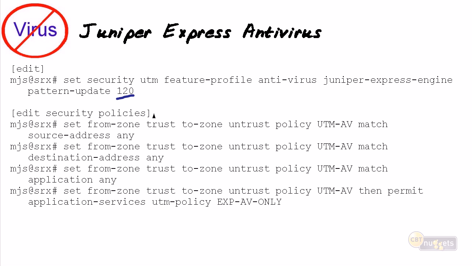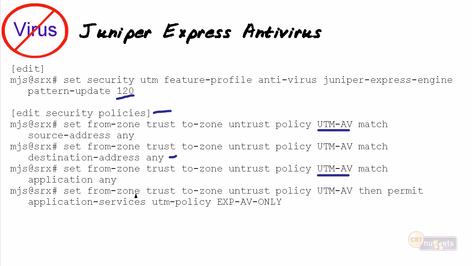Then we're going to enter the Edit Security Policies context. And you can see here we're basically dealing with our policy, okay? The from zone trust, the to zone untrust. Our policy is called UTM-AV, and we're matching any source address and any destination address. Then for this UTM-AV, we're going to match any application.